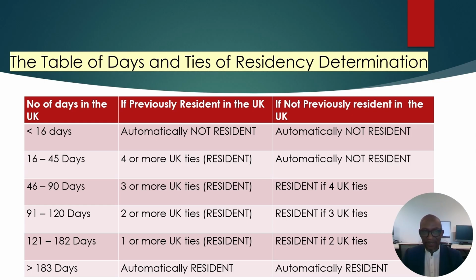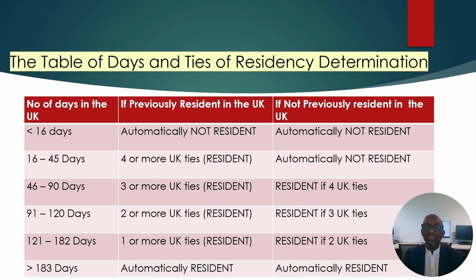But if you are previously not resident in UK, you need 3 more ties to be considered resident in UK. But again, if you spend between 121 and 183 days in UK, if you are previously resident, you only need 1 more tie to be considered resident in that particular year.